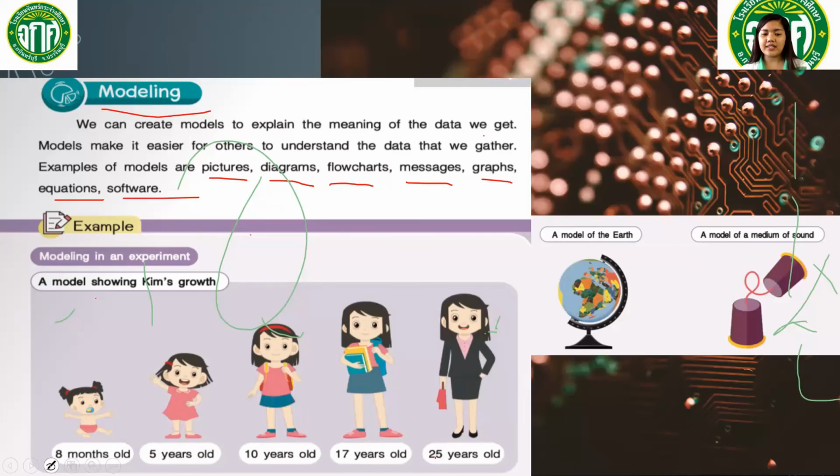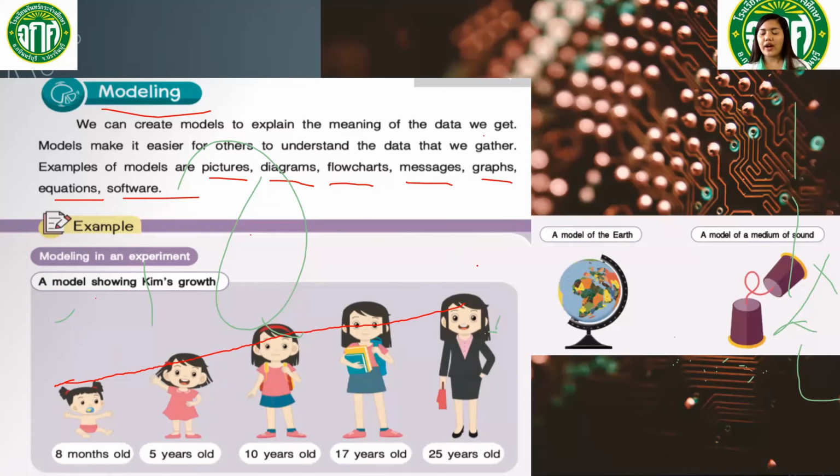And the last one is when she is already 25 years old. So this model shows the growth of Kim, from small child to a big adult. So this is an example of a model.